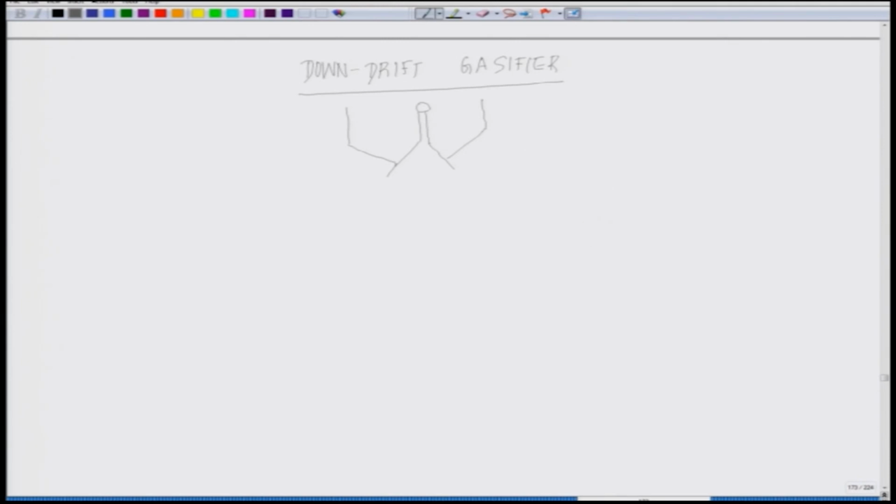So here you have, it is not to scale, the air port, which is the port for air entry.